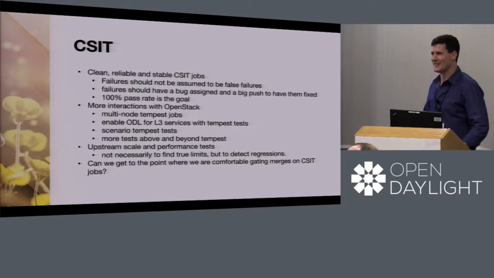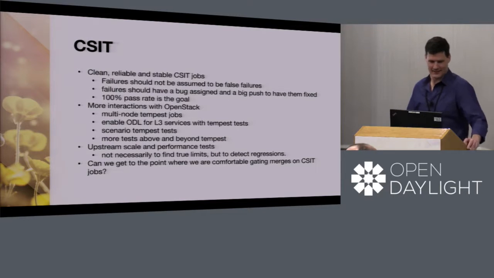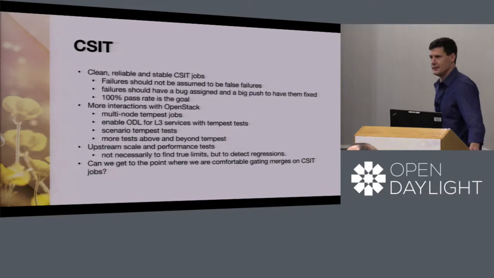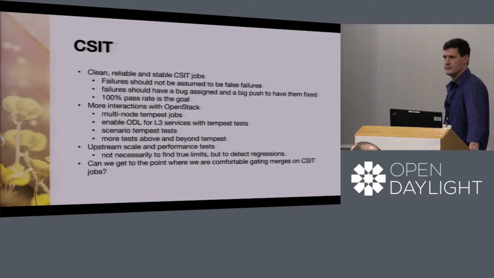I would just say that we've been working on a relatively straightforward test for OVSDB and NetVirt. It's been a while now. I think we're pretty close to getting to a place where we can have them up and running regularly.